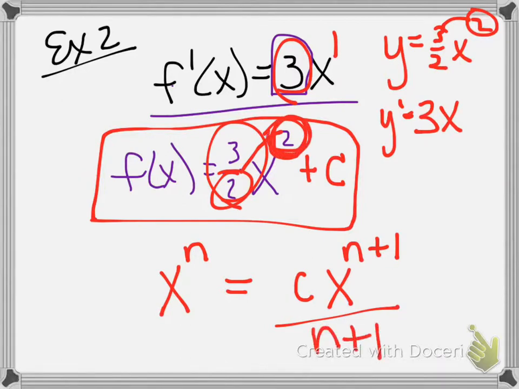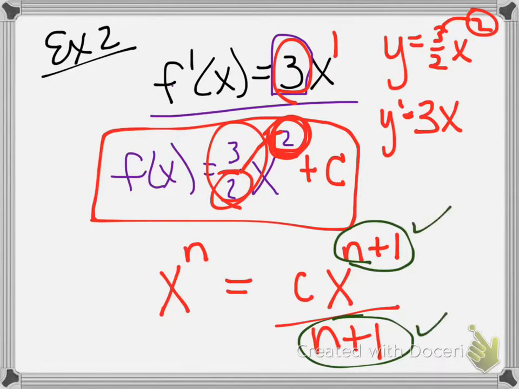So I'm going to call this c x to the n plus 1 divided by n plus 1. So what's the process? To find an integral, to integrate something that is already a derivative, you're going to add 1 to the exponent, and you're going to divide by that same number. Whatever this number is, that's what this number is going to be.